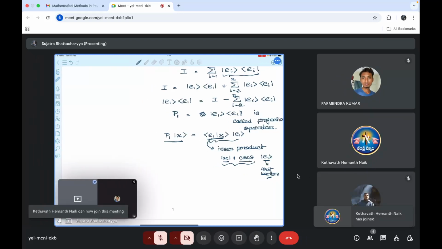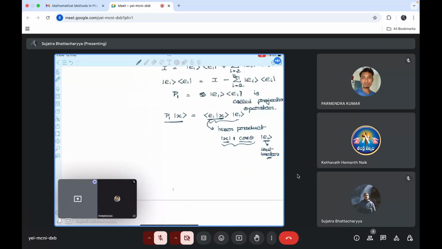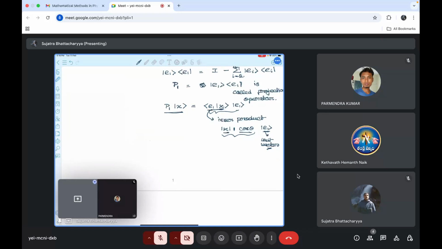Okay, so these are the couple of things which we have seen. Okay, we have understood. Now, the interesting thing is that, so I just write one line, which is important. P1 projects this vector X onto the subspace corresponding to the project.